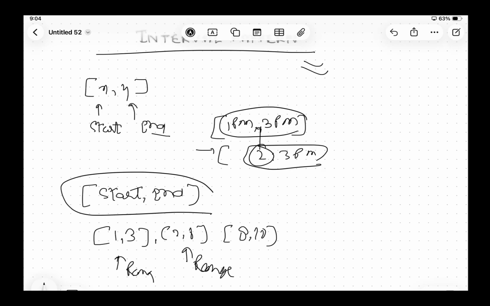The important thing to notice is that these ranges can either overlap or be completely separate. Almost every interval problem revolves around understanding this relationship between intervals, whether they overlap or are clearly separate.